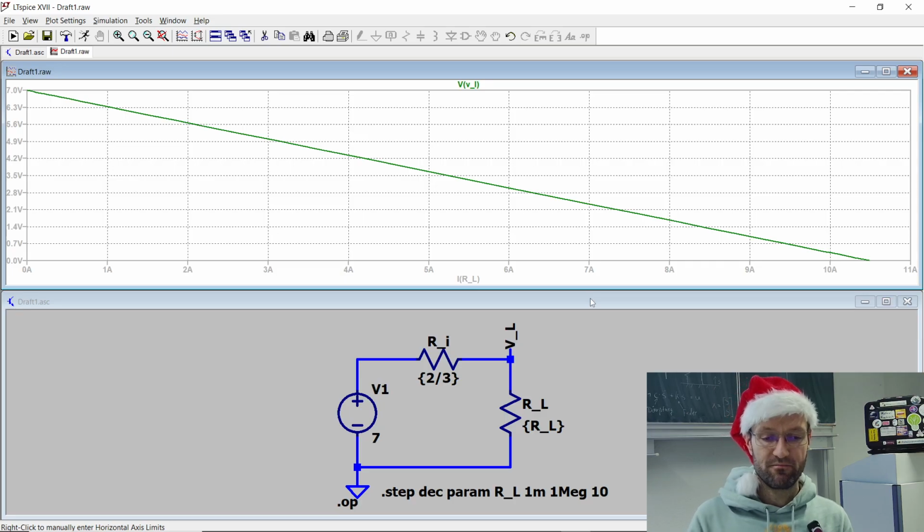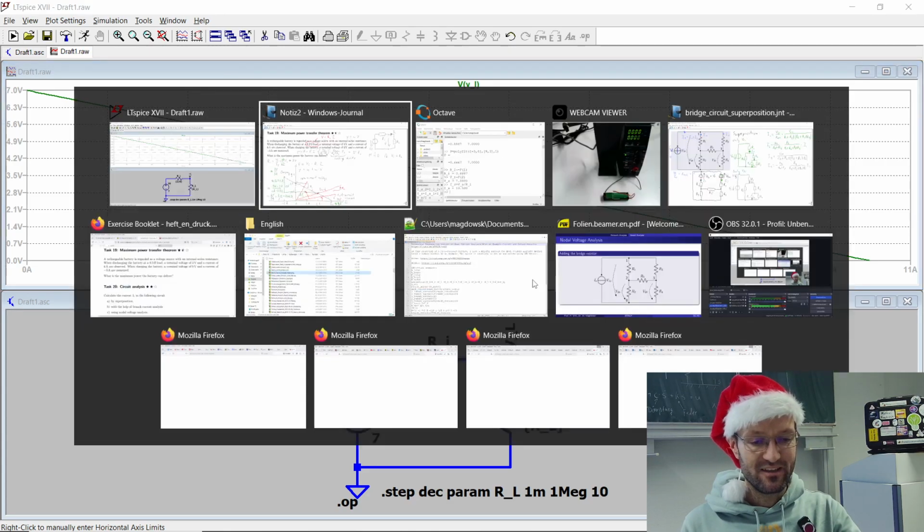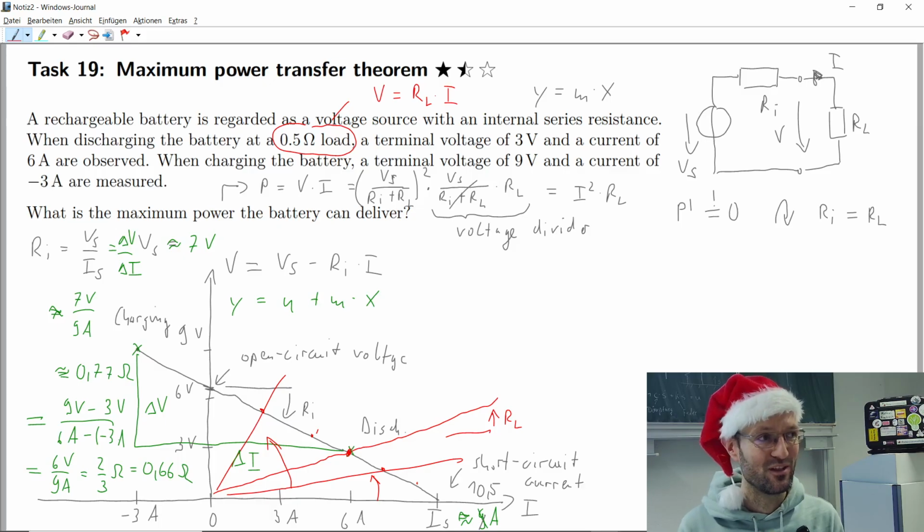Okay, and the good thing is we see the very same curve. The bad thing is it's not that nice yet because we don't get to this side. So how do we get to this side? Even negative values? Yeah, but I think we cannot give the resistor negative values because there's no negative resistance in real life and not even in the simulation.